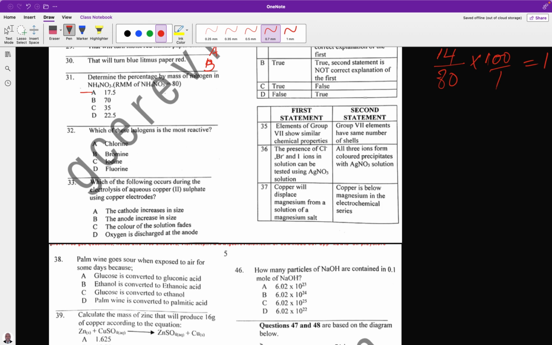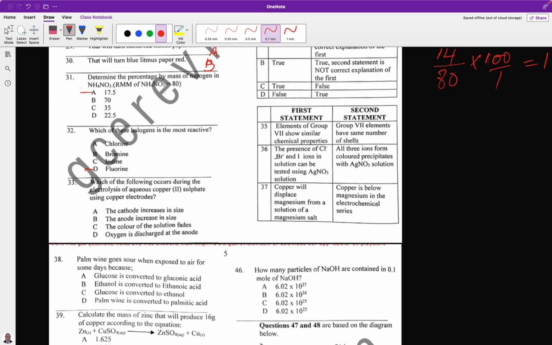So with halogens, we have A, chlorine, B, bromine, C, iodine, and D, fluorine. Fluorine is the most reactive. So our answer is D. 32 is D.